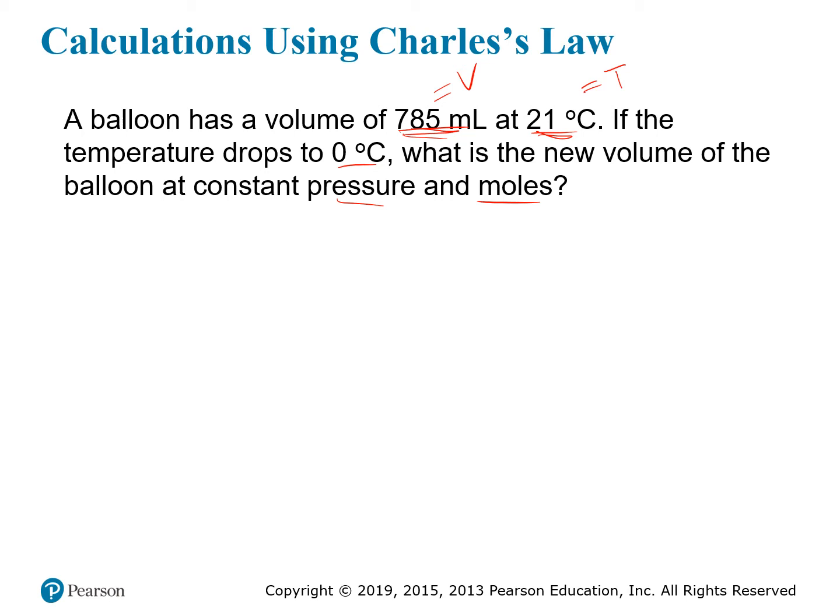Then the next sentence says, if the temperature drops to 0 degrees Celsius, so what we have here is a new temperature. Now we can start to think about what kind of equation we want to use. This is a new temperature, so we'll call it T2, which makes this T1, and then it's asking for the new volume, which would obviously be V2, and so this must be V1. Then it reminds you again at the end that pressure and moles are being held constant.